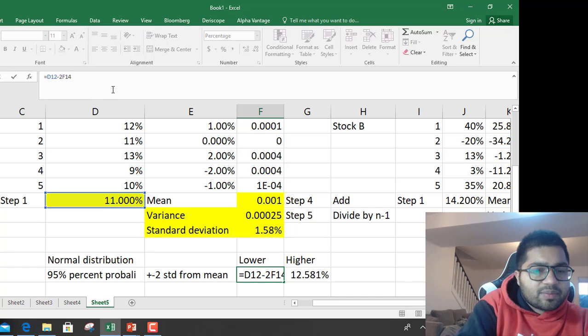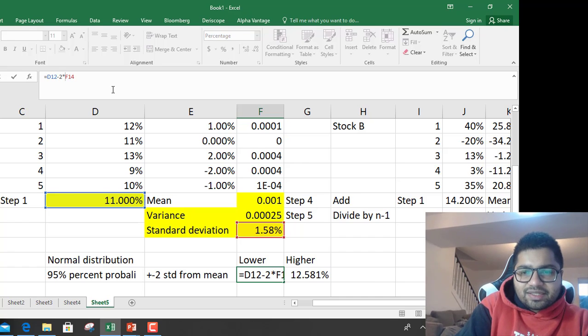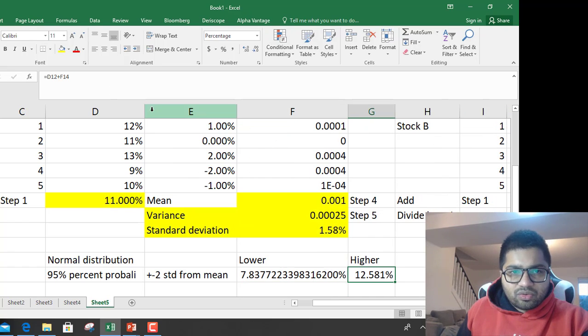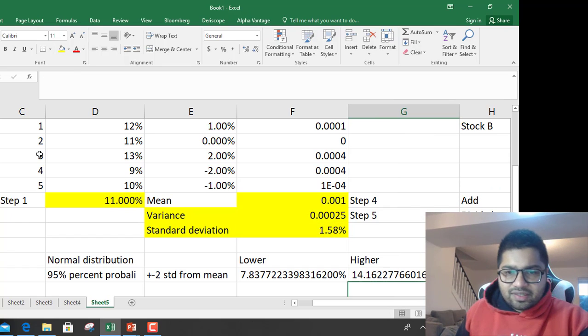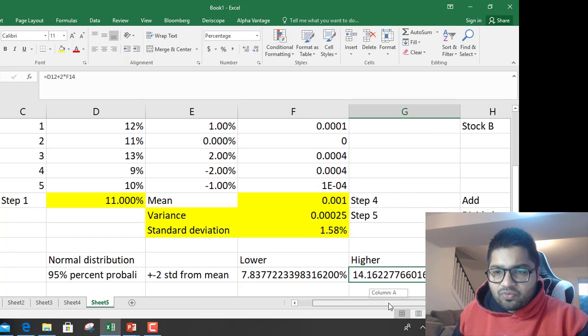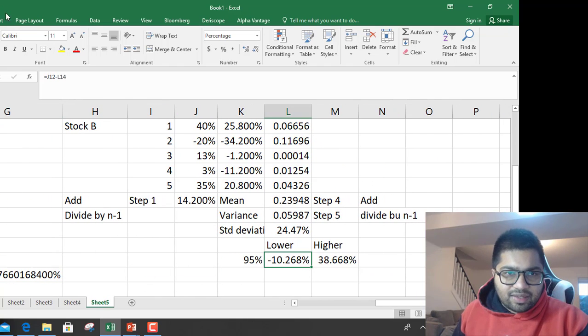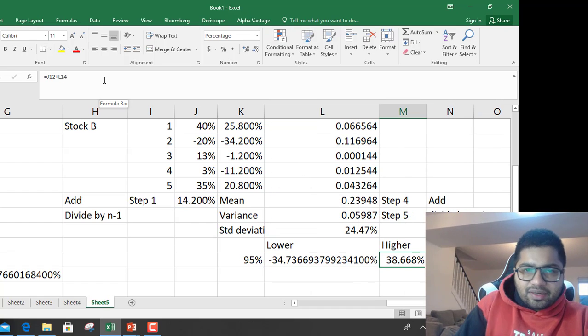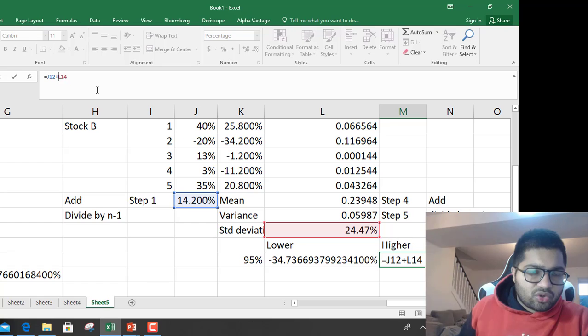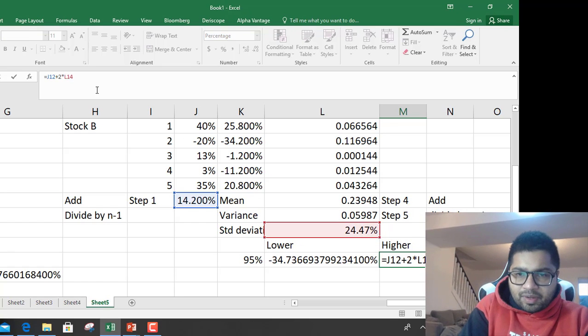So 2 multiplied by. One change, you have to do 2 into this. So the range is 7% to 14%, and here it will be 2 into lower limit and 2 into upper limit.